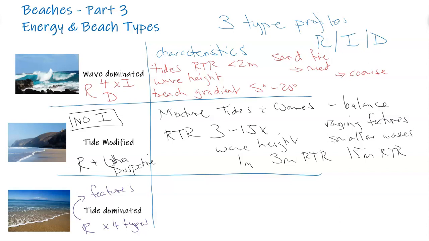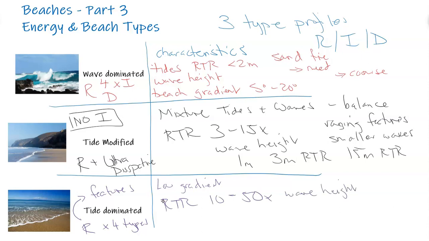Now, we get a very, very low gradient. Low gradient, okay, low profile. And you're going to have an RTR of 10 up to 50 times the wave height.